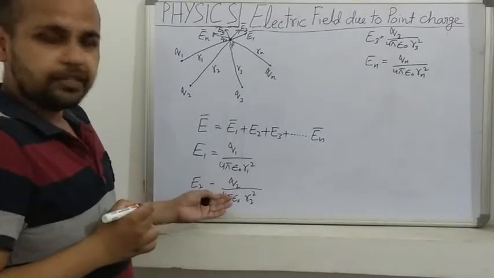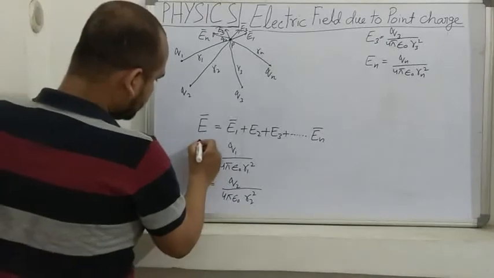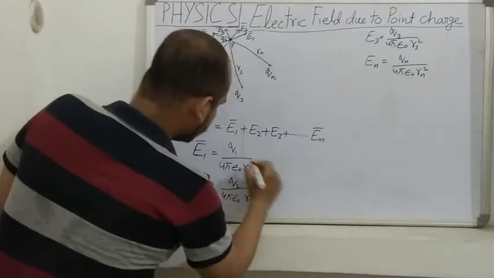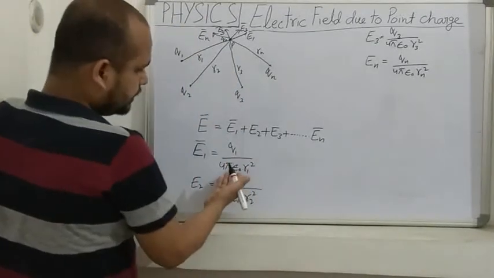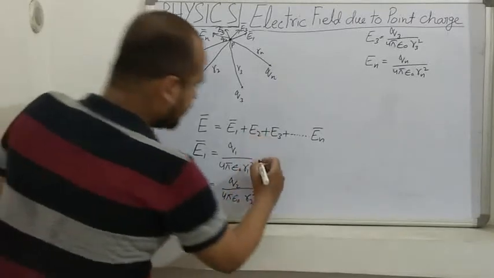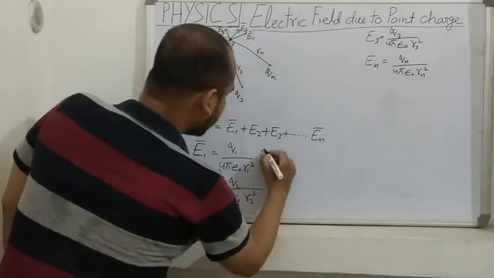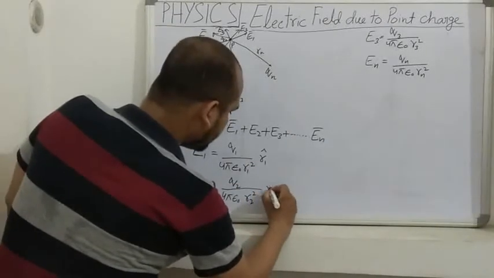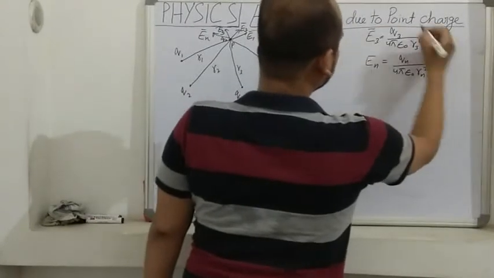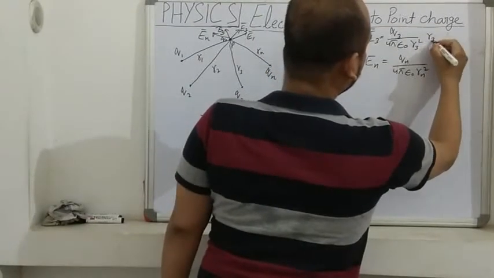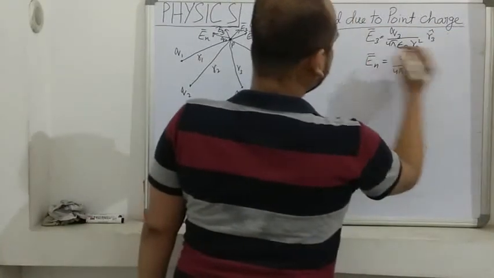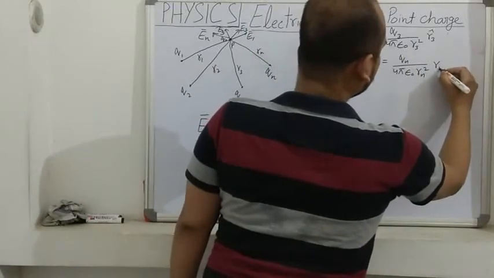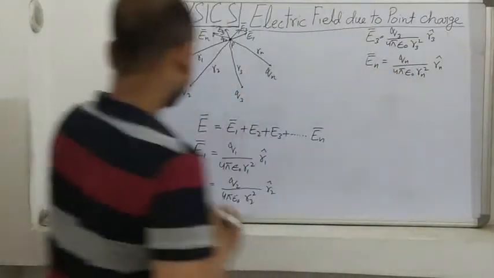In vector form, this can be written as E1 equal to Q1 upon 4 pi epsilon naught R1 square R1 cap. Similarly, E2 will be equal to R2 cap, E3 will be R3 cap, and En will be Rn cap.